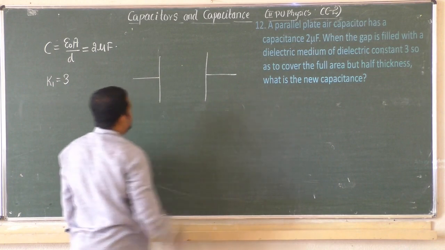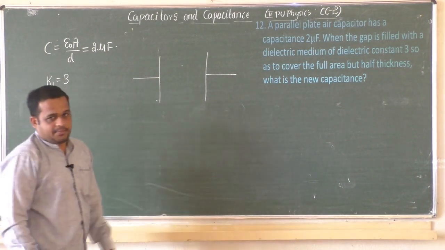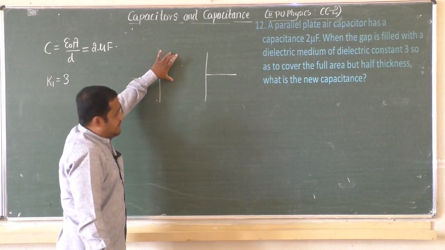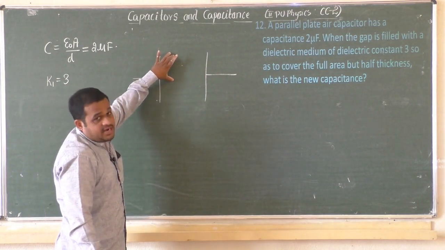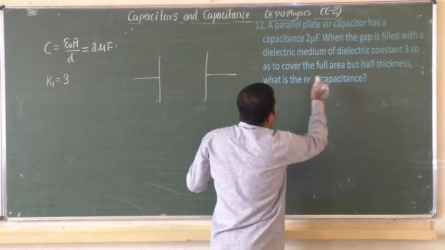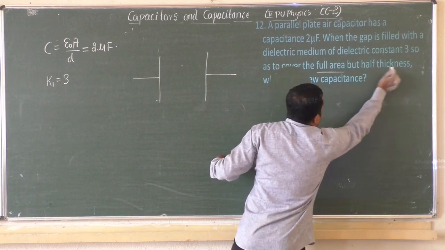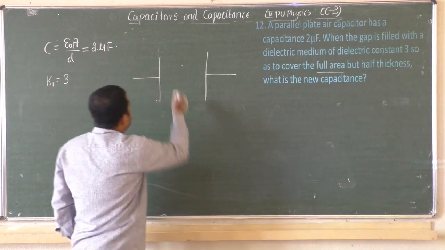Let us visualize using a diagram. Now a dielectric medium is introduced between the plates of the capacitor. In the previous case, the dielectric medium was introduced such that it covers only half the area. Now in this case, the dielectric medium is introduced so as to cover the full area but half the thickness.